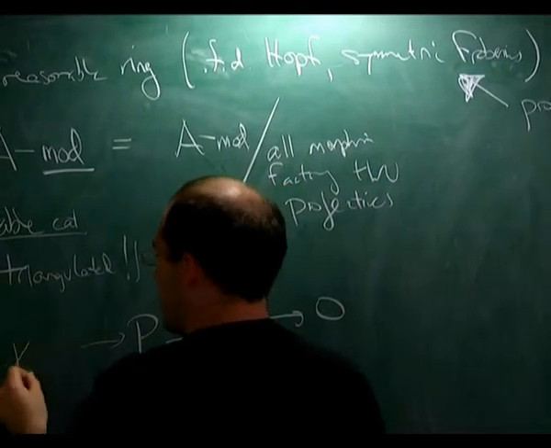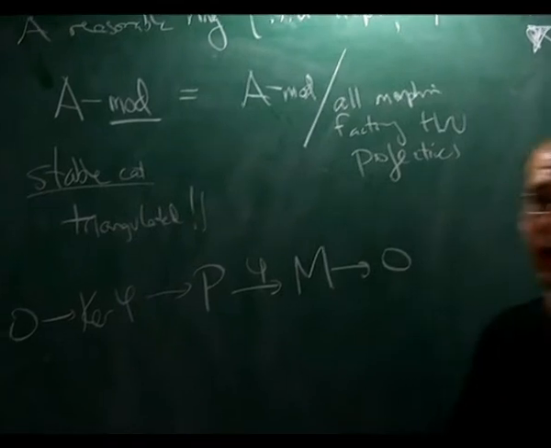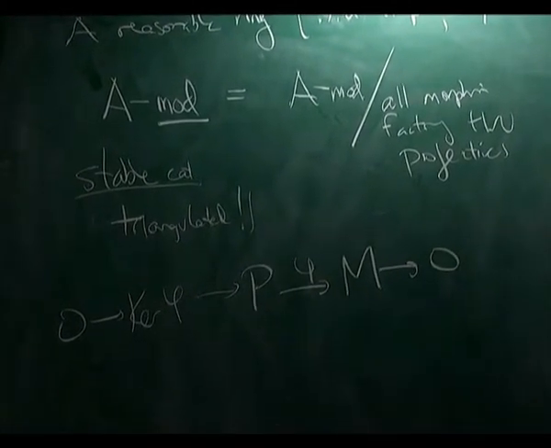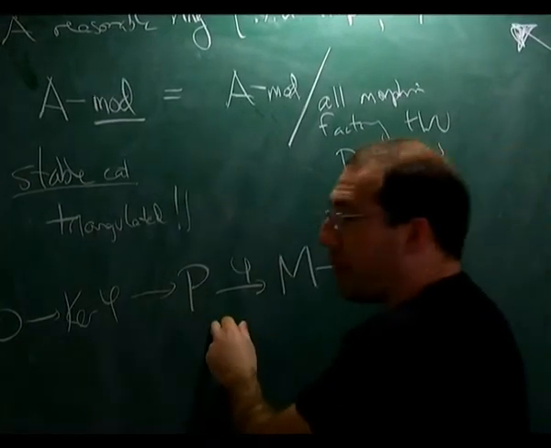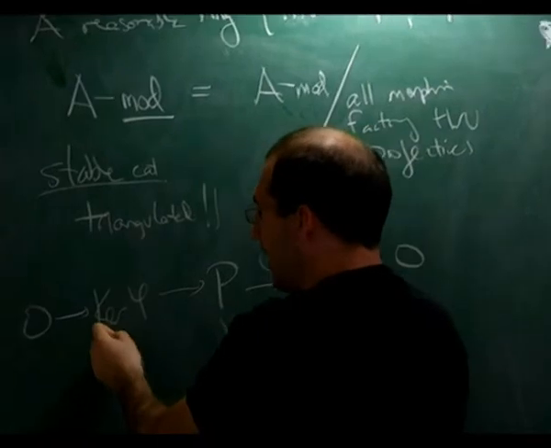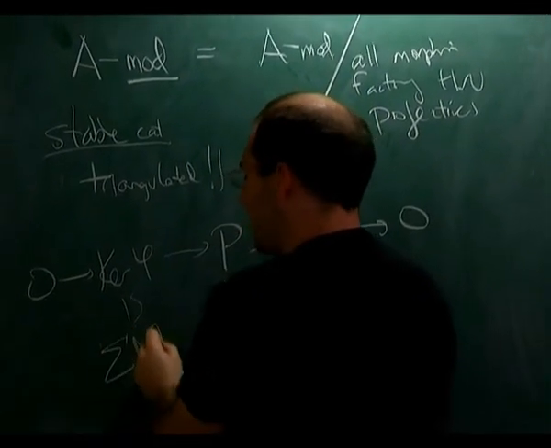Let's take the kernel of phi. And now we have this short exact sequence in A modules. In the stable category, this middle thing becomes 0. And this thing here, its image in this category, is going to be called the suspension of M.